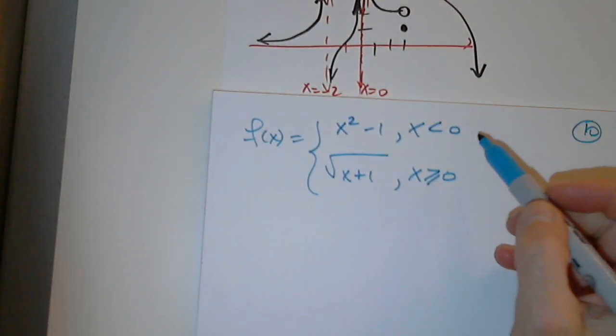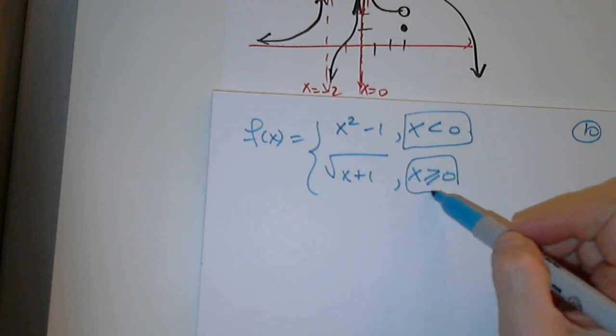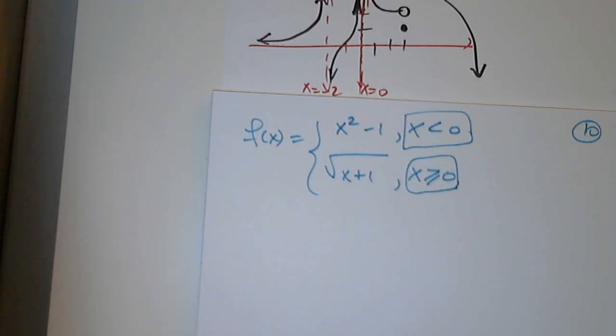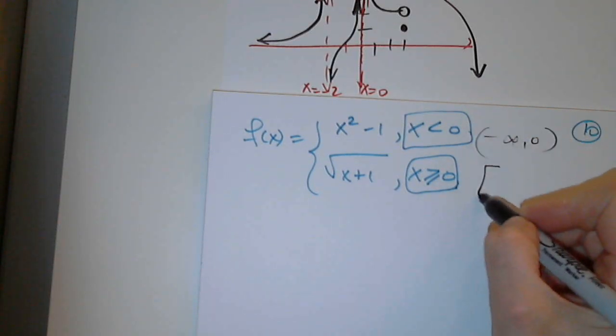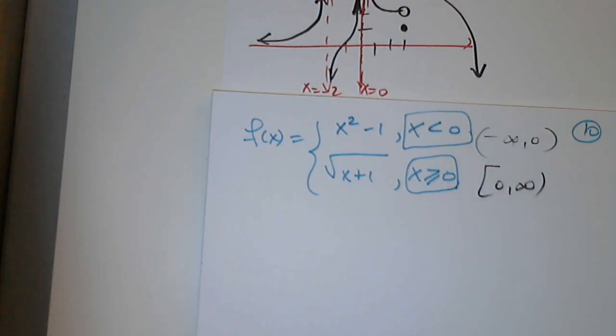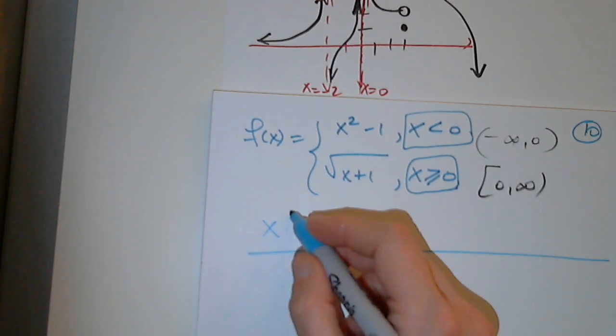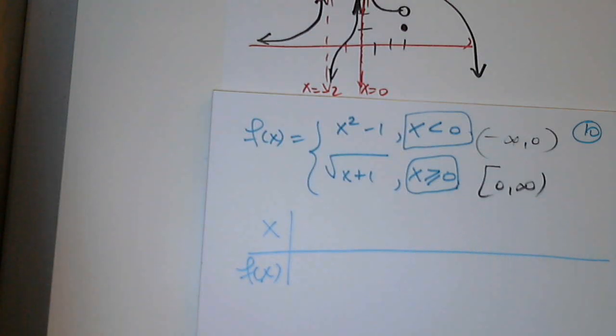Remember with the piecewise defined function, I highly recommend this, but if you have other methods, I accept them gladly. I recommend writing negative infinity to 0 and 0 to infinity because you know what's next. I'm going to use a table of values of ordered pairs eventually, and I'm going to use these symbols that signify an open point and a full point. So you already know the drill. I see all real numbers, nothing is missing, but that's not always the case.